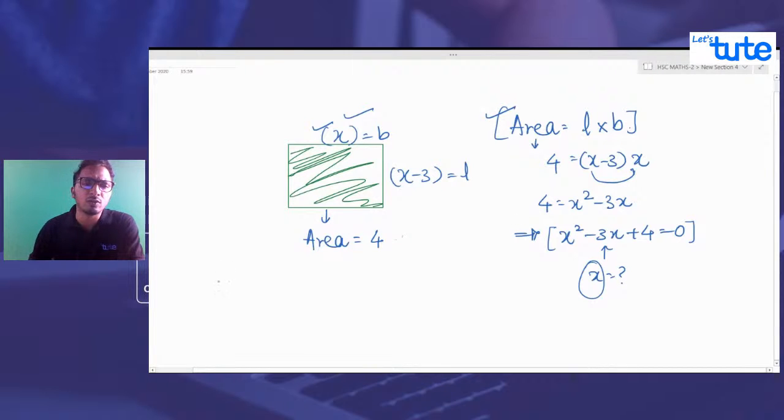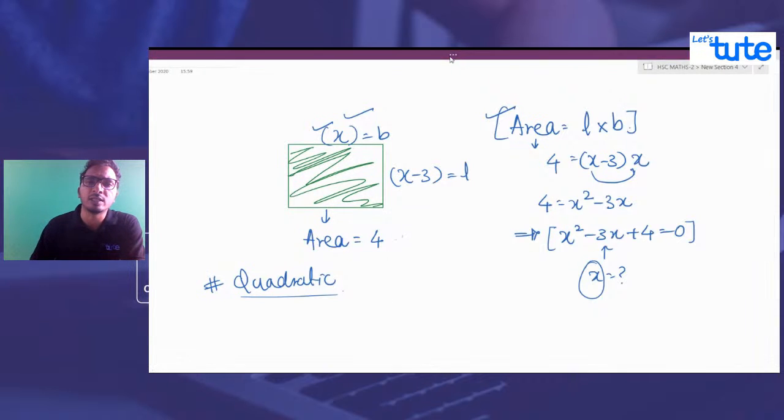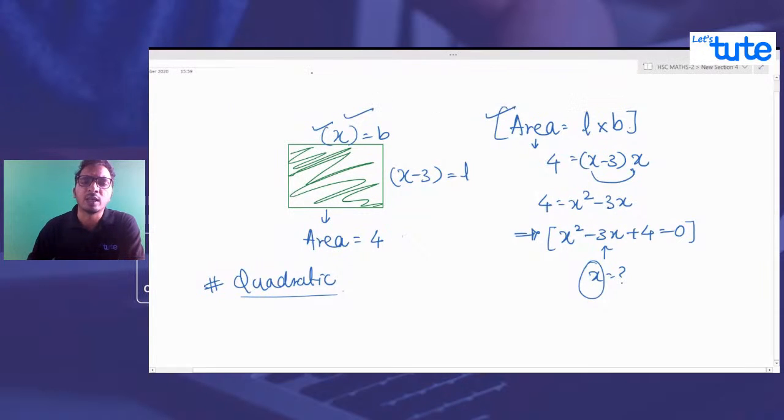First of all, quadratic. How to identify if the equation is quadratic? It's very simple. Whenever we have an equation, we need to check the highest degree of the equation. Okay. Like in this case, the highest degree is 2 for the variable. Correct? In this equation, the variable is x.